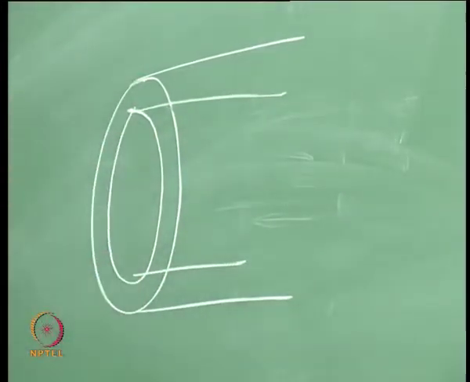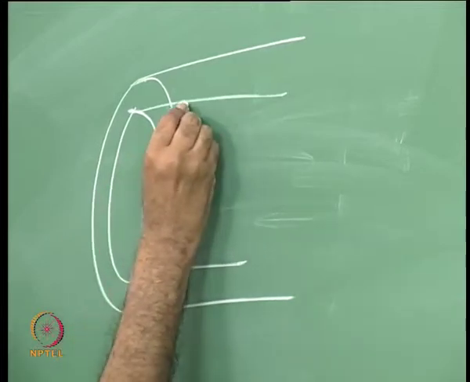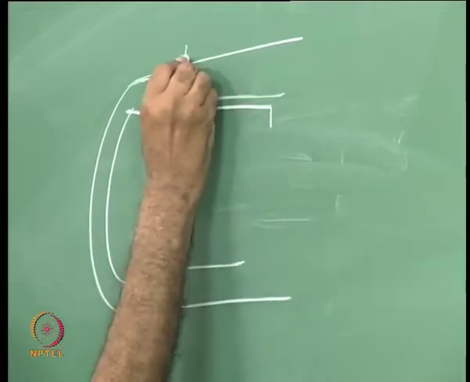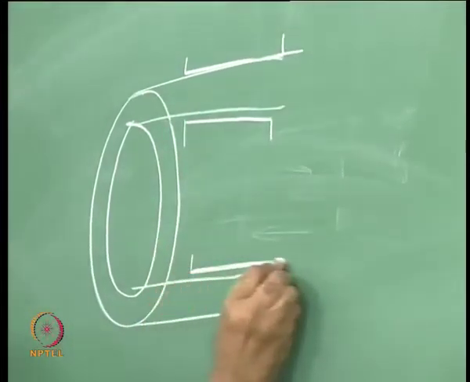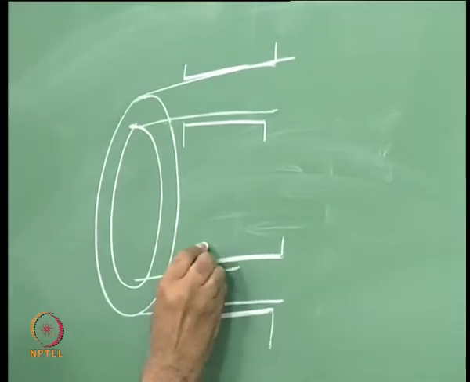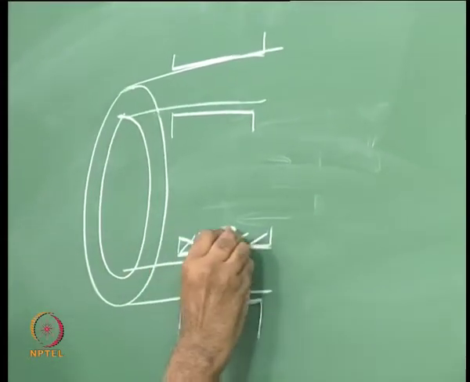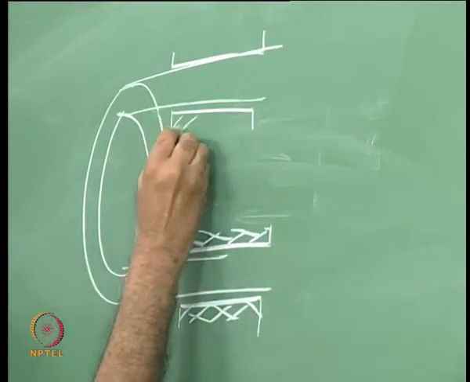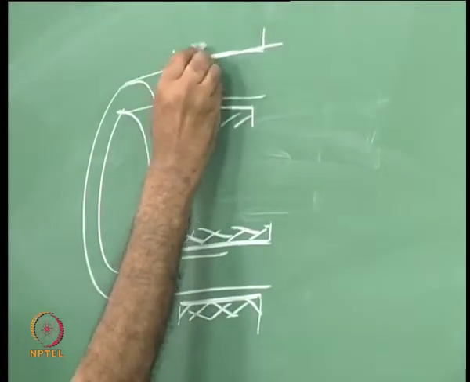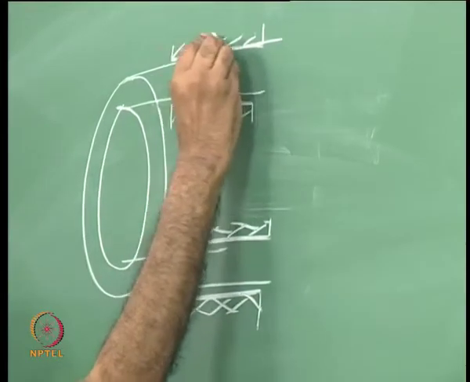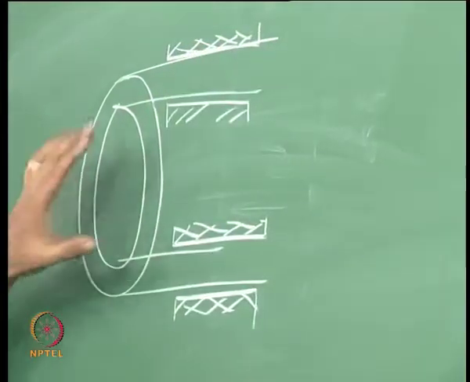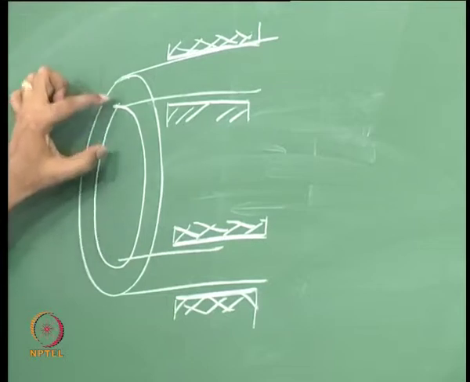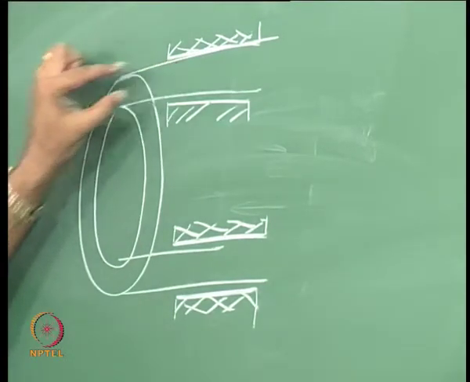inner and outer, and supposing I were to put a magnetic field in this annulus, I just put a magnetic field, some Tesla in it. That means in the annulus between the inner and outer I have a magnetic field.